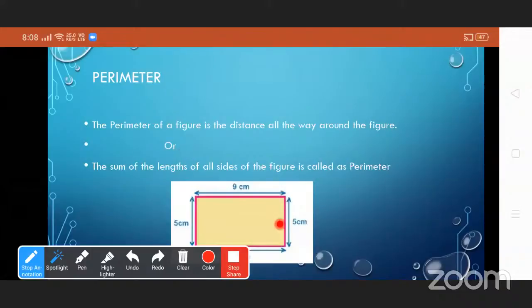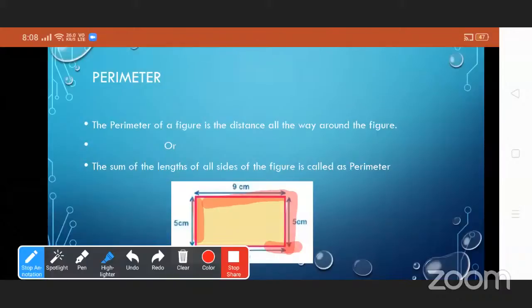Means if this is a figure, now all around the figure means the boundary lines. We have to add the boundary lines of this figure. So here these are the boundaries of this figure. So to find out the perimeter of this figure, we have to add all the sides.